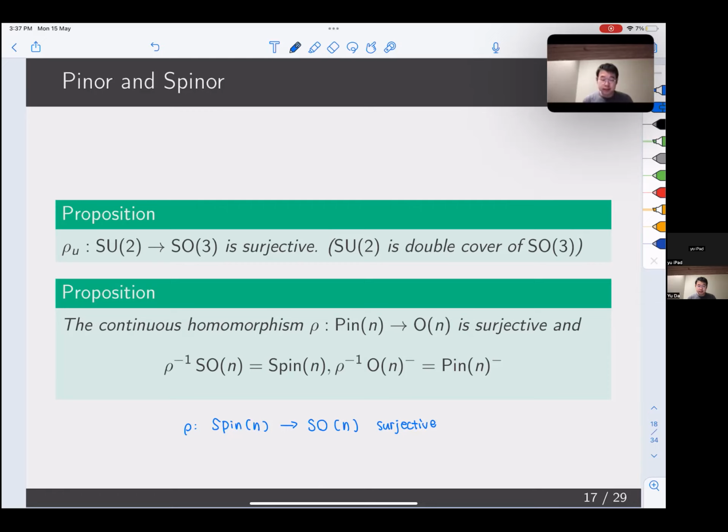We can see this because Pin n includes both CON plus and CON minus, and Spin n would only have the CON plus part. So this maps to SON, having determinant 1, versus the other parts of Pin n, inside CON minus, that are mapped to the part of ON having determinant -1.